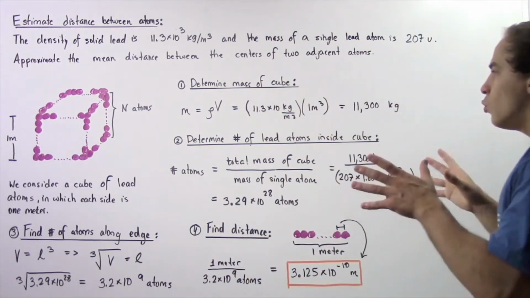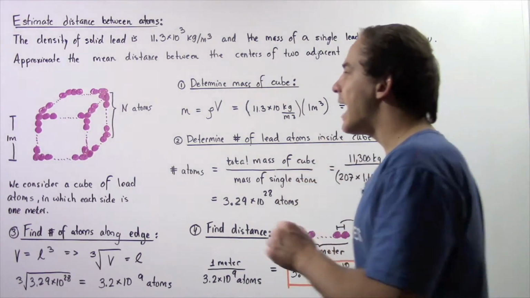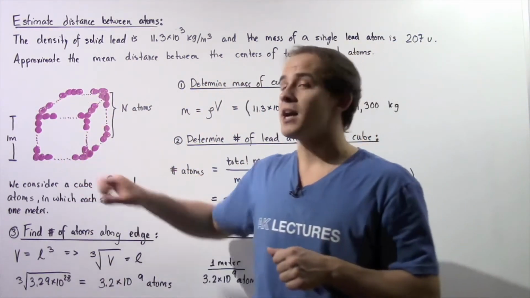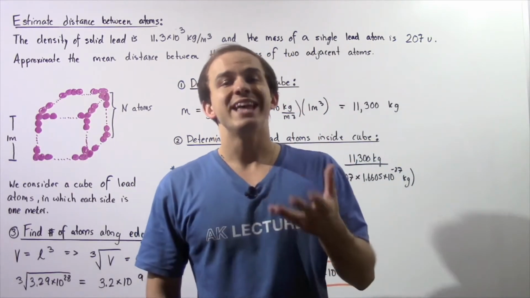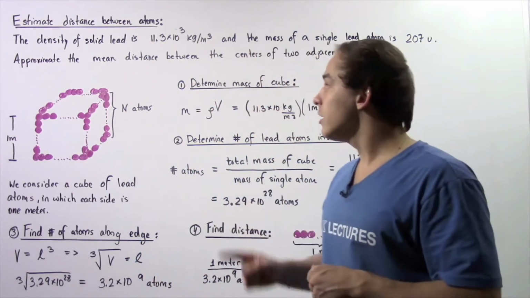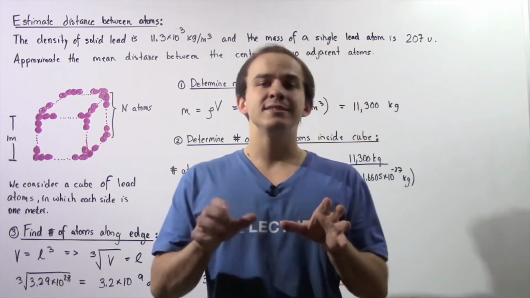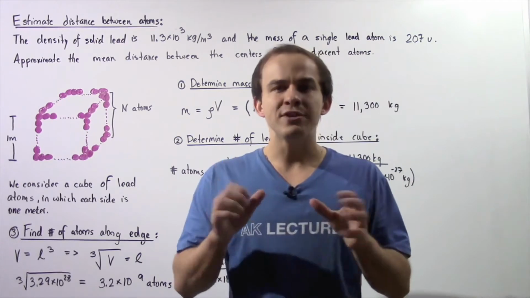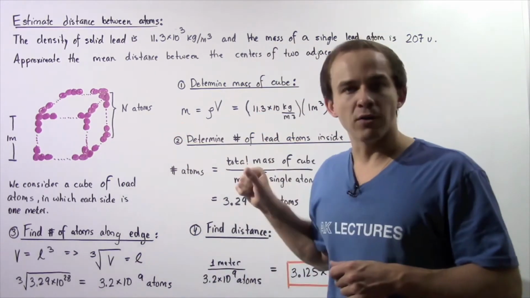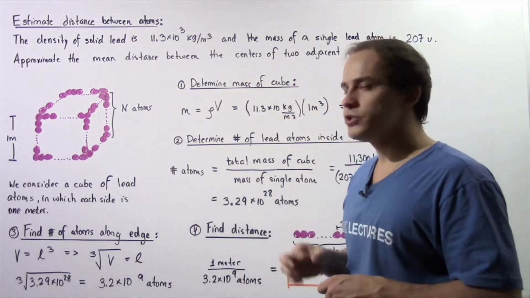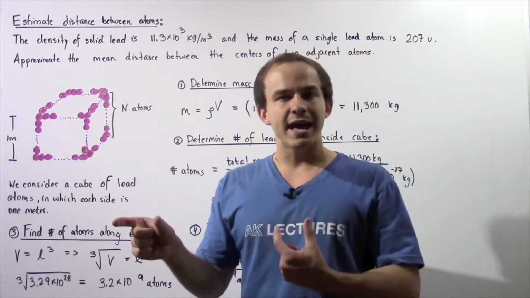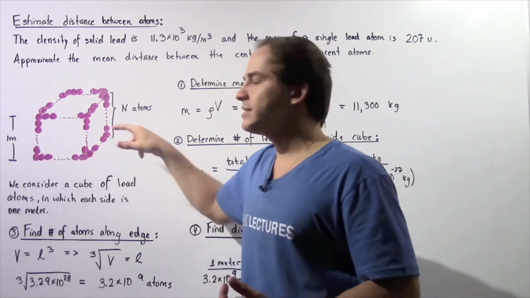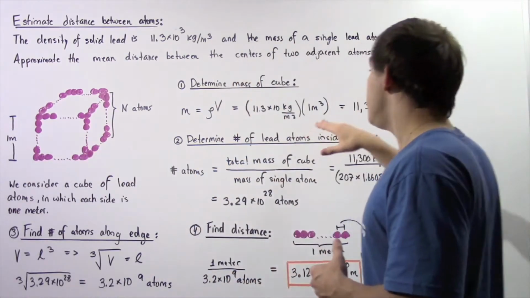In step 1, we want to determine the mass of this entire cube. To calculate the mass of this entire cube, we simply use the density and the volume. Recall that density is equal to mass divided by volume. If we rearrange that equation, we can solve for m, our mass. So mass is equal to the product of the volume and the density. The volume is simply 1 meter times 1 meter times 1 meter, so that's 1 meter cubed.